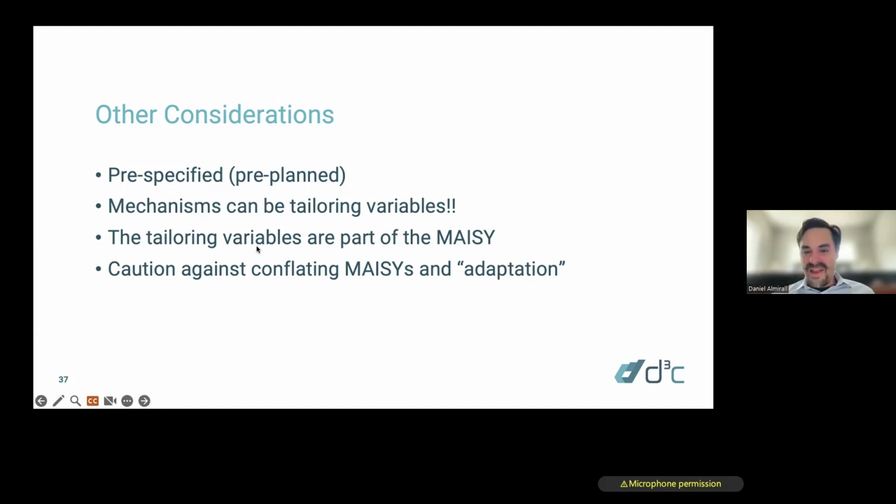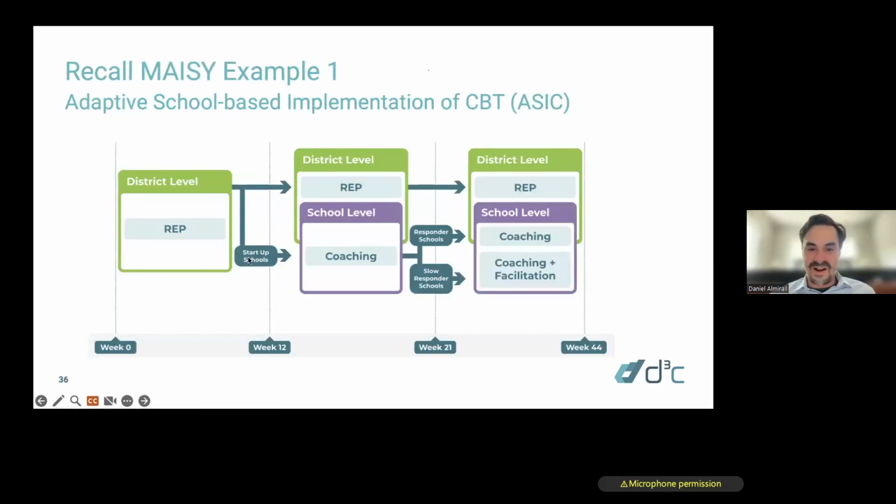Remember, tailoring variables are part of the MAISY. So this definition of startup school here, remember, nothing here is research. These little monitoring things you're monitoring, they're part of the MAISY. And remember, in this example, they were part of, do you guys remember that engagement and monitoring component that is part of REP?